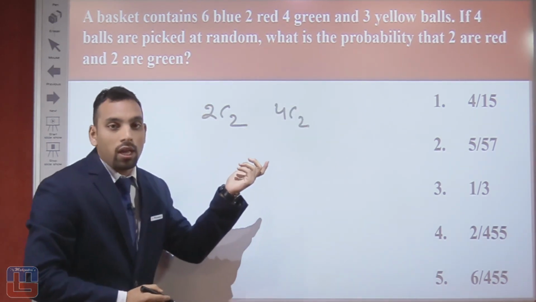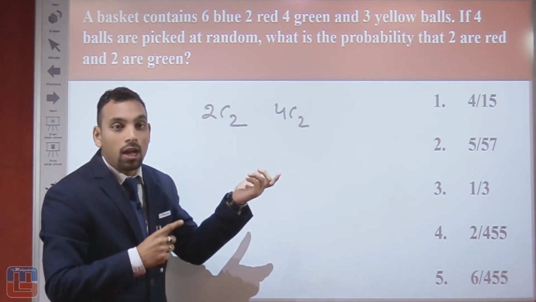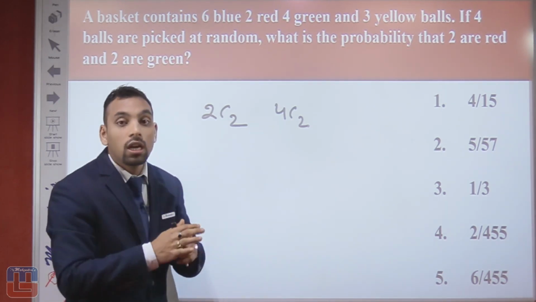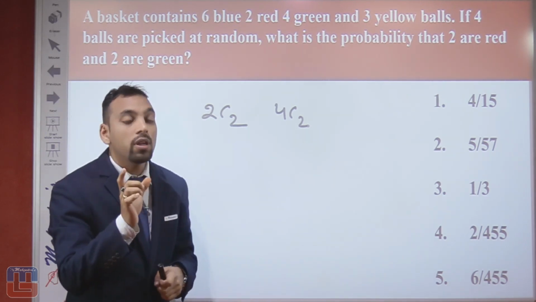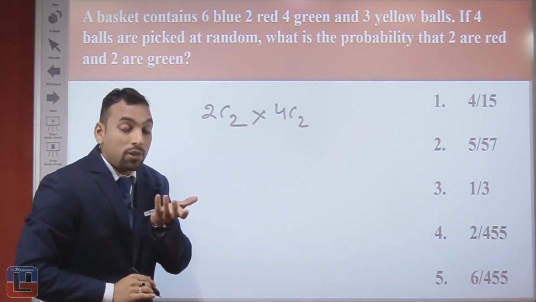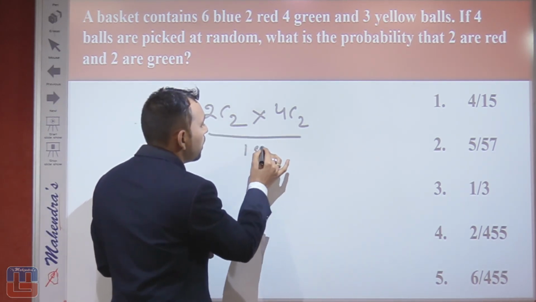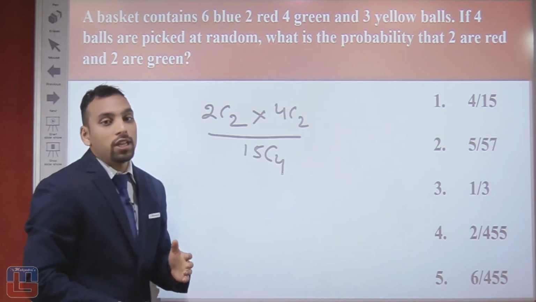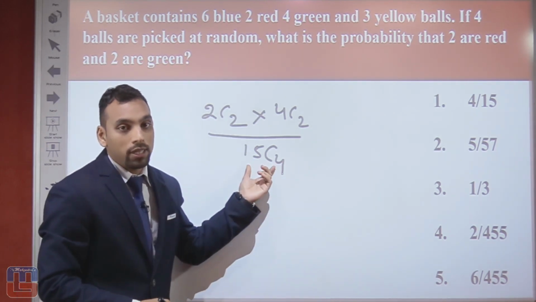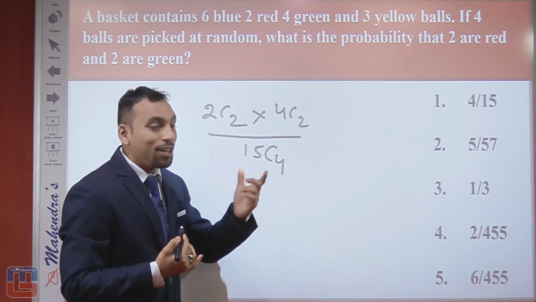The question says the condition is 'and', so we will multiply. But we have to find the probability, so in the denominator we will use 15C4, because we have to select 4 balls out of 15 balls. So 15C4 is the total number of ways.